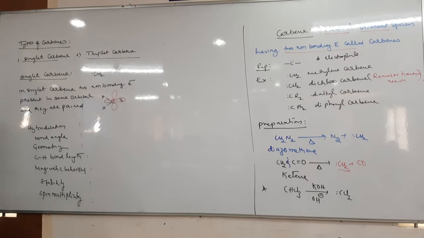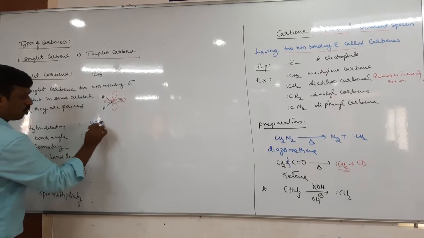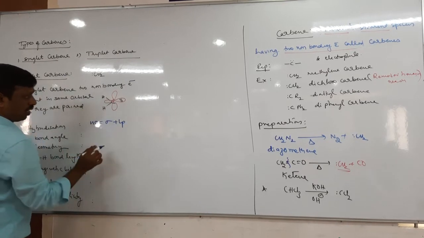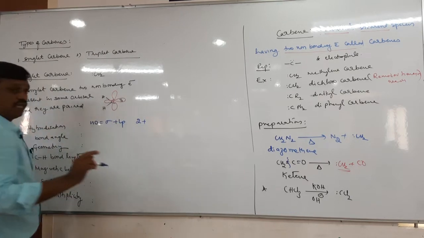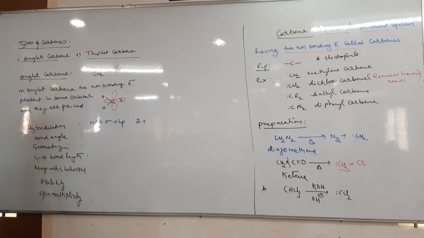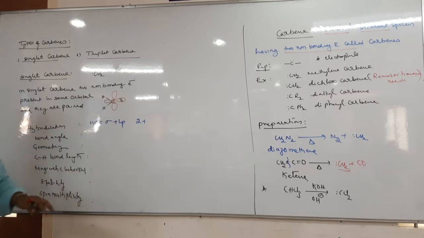Tell me, first one, hybridization. What is the hybridization of singlet carbene? We know that the number of hybrid orbitals equals sigma plus lone pair. How many sigma? 1, 2. 2 sigma. In carbene the two electrons are actually different, but here they are paired. Due to pairing, they become one lone pair.